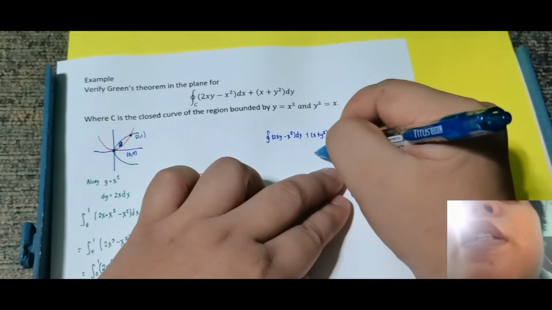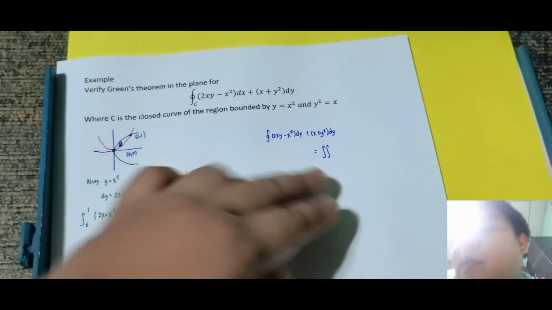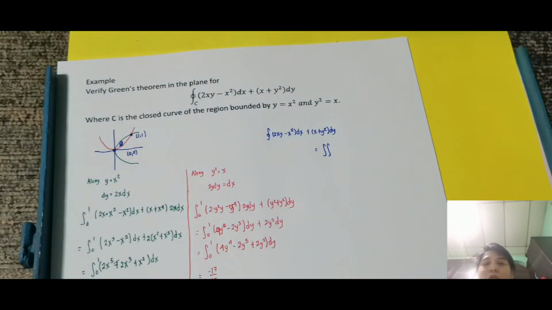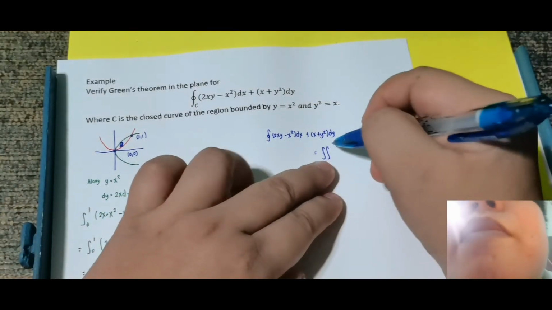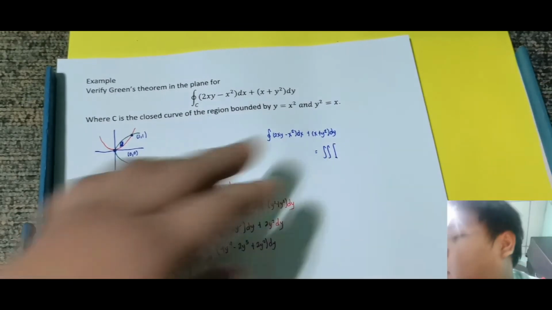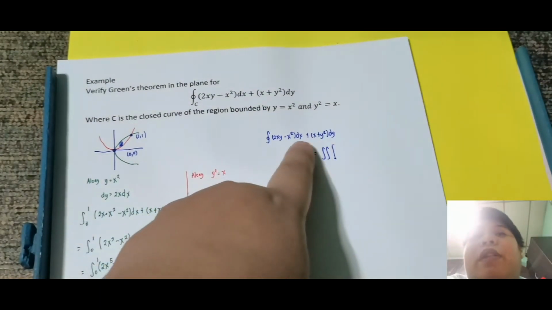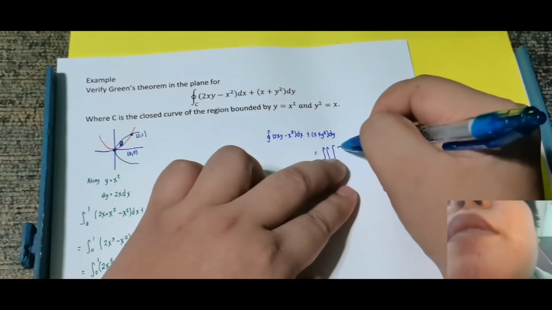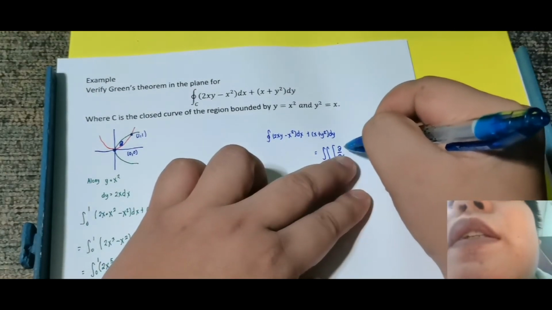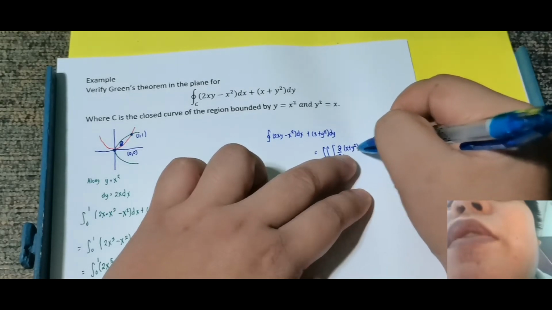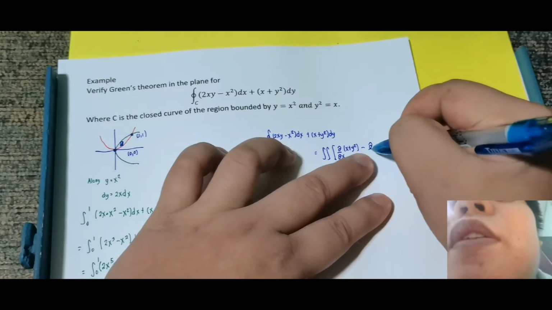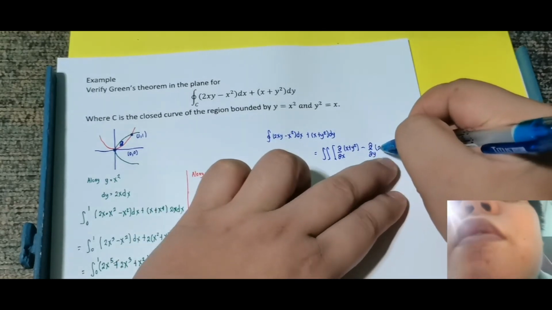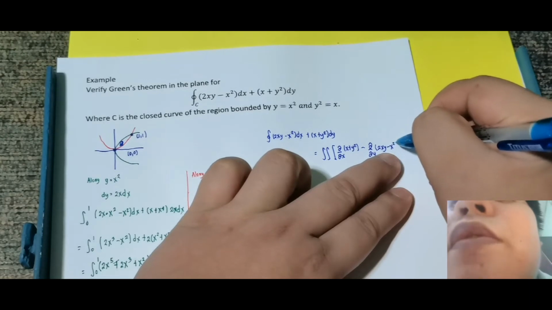By applying Green's theorem, this is equal to a double integral. Okay, so what is the first curve? This is a double integral of, what is the value of this? The partial derivative with respect to what first? The partial derivative of Q with respect to x. So this is the partial derivative with respect to x of x plus y squared, minus the partial derivative with respect to y of 2xy minus x squared.